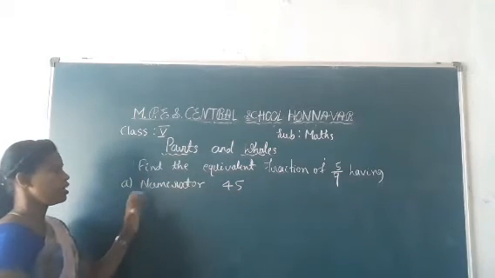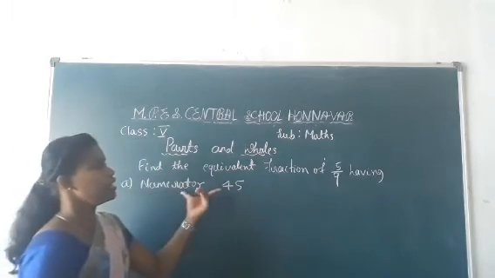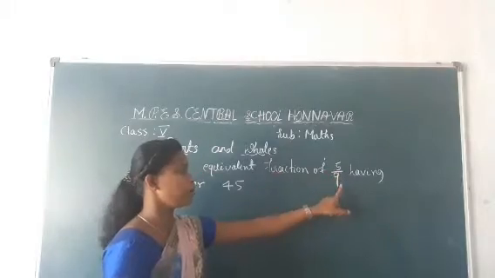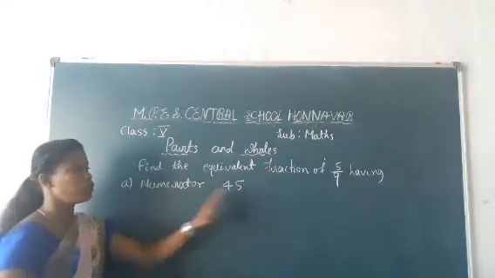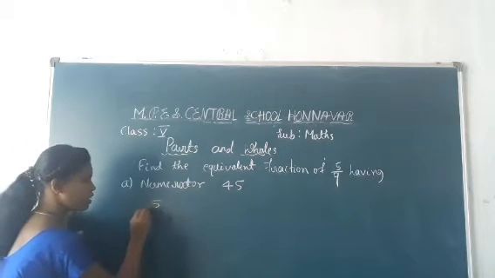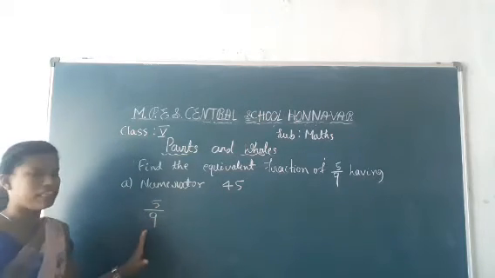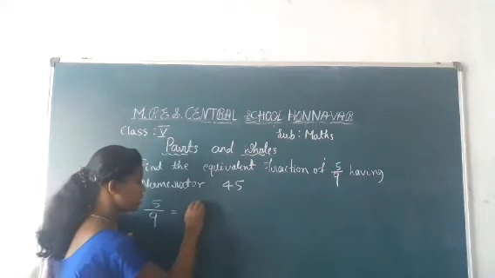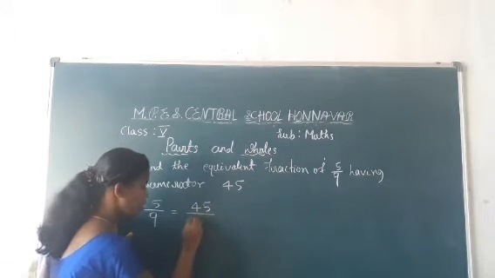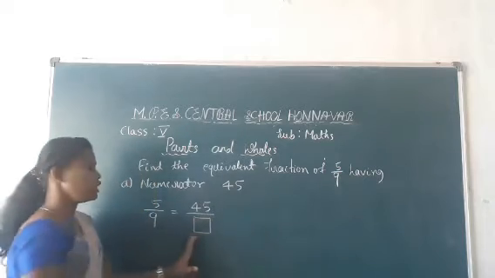Okay, here we find the equivalent fraction of 5/9, but we know the numerator, and we don't know the denominator. We know the numerator, that is 45. Here we find the denominator.